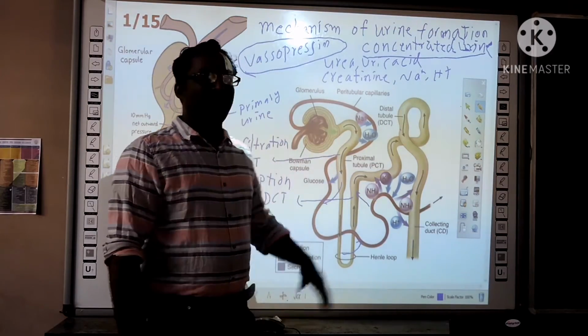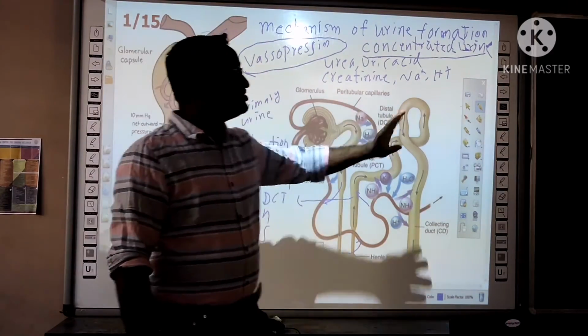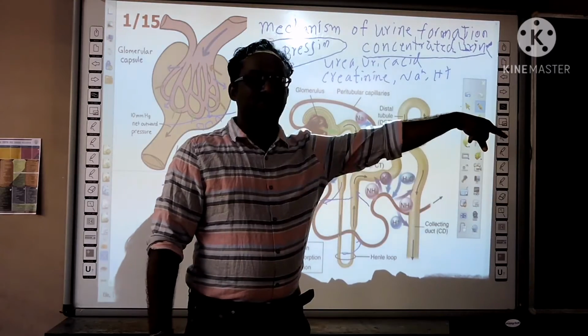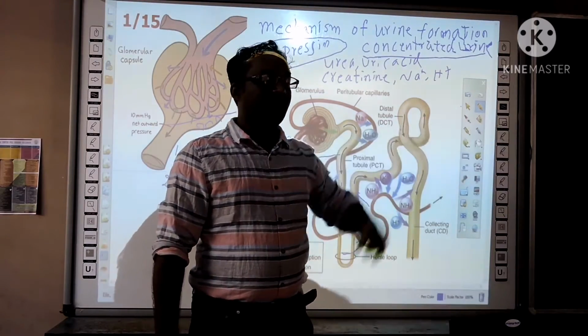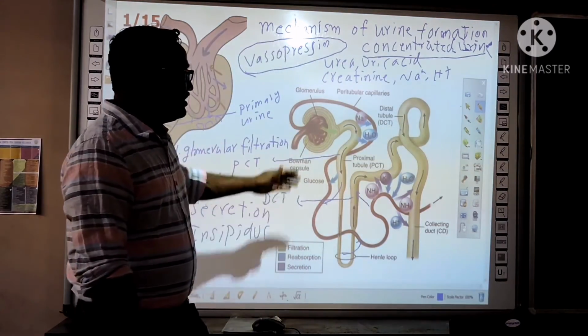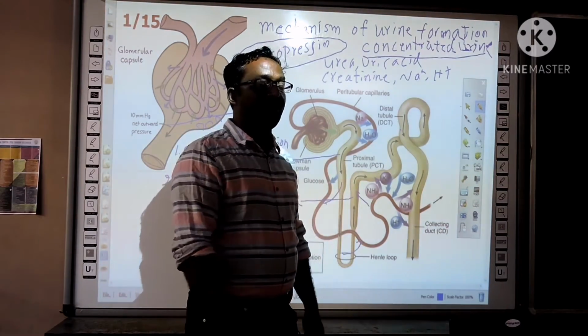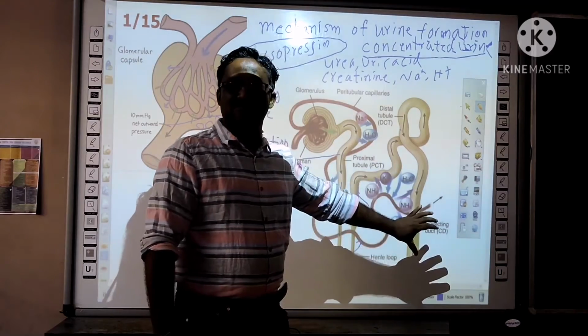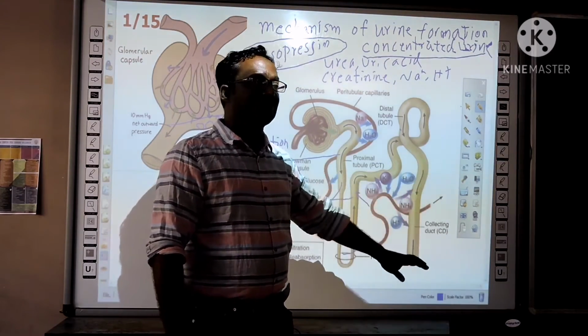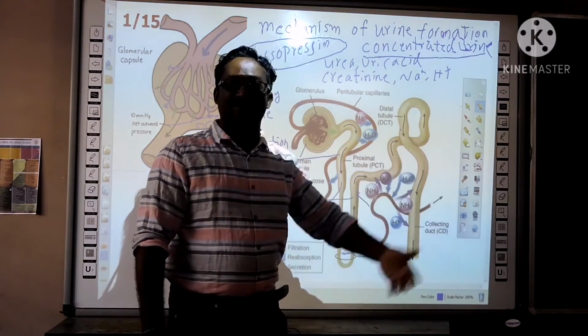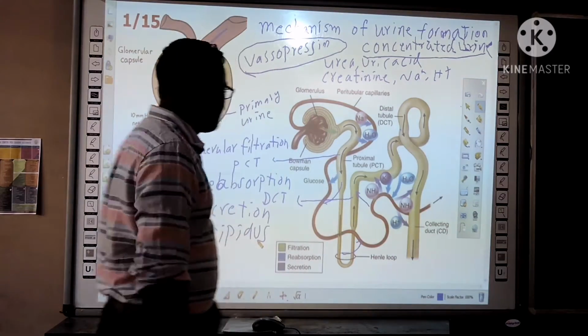So vasopressin is released to produce concentrated urine. Next, what is the next step after formation of urine? From the collecting ducts, urine now enters the next part, the ureter.